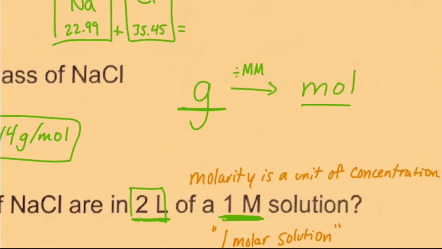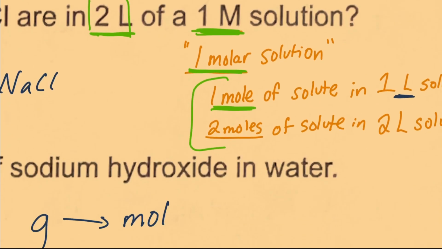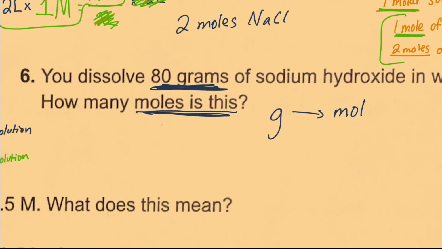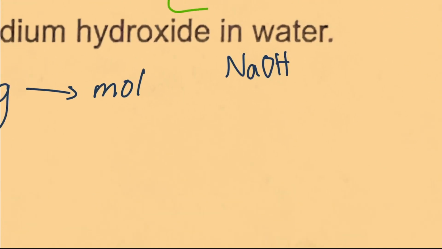We wrote this up here, and it's also on your periodic table, that if we want to convert grams to moles, all we need to do is divide our mass by the molar mass. So I need to calculate the molar mass of sodium hydroxide. Sodium hydroxide is NaOH. Na on the periodic table is 22.99.